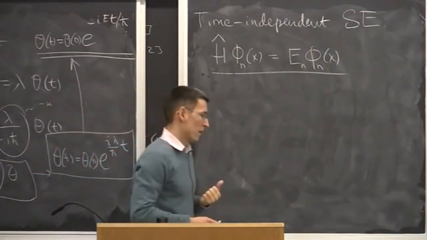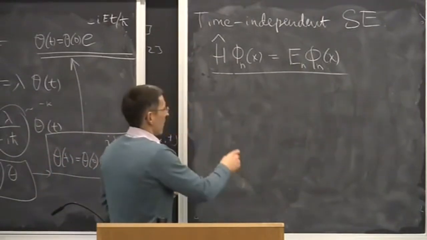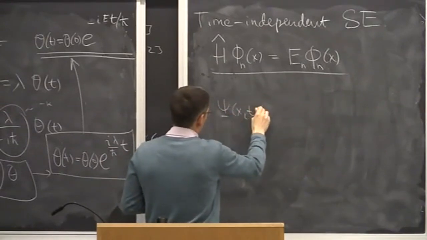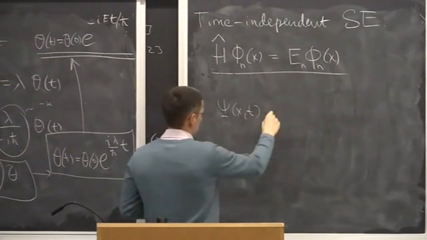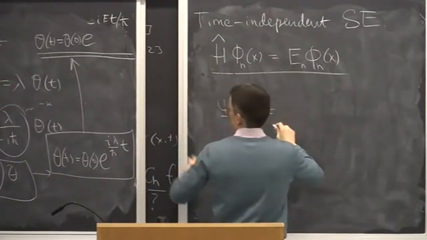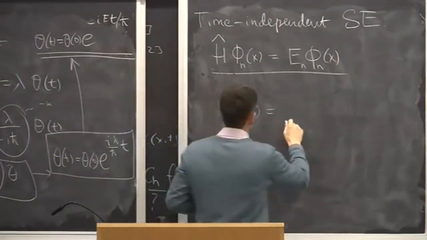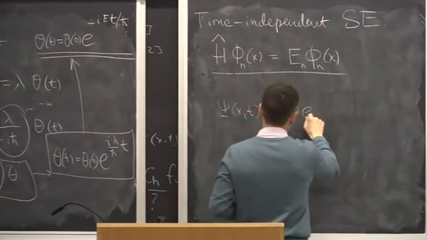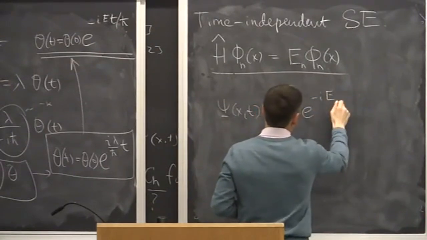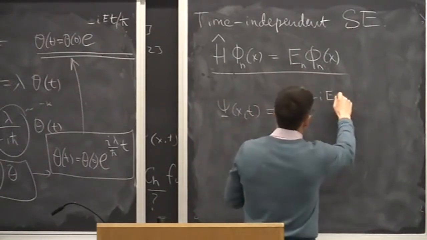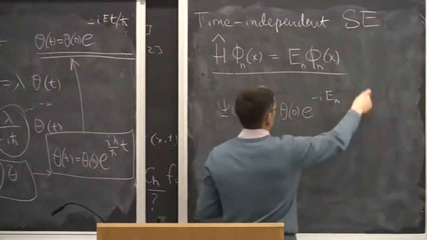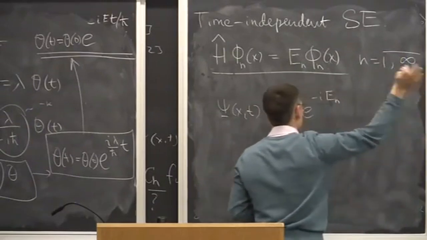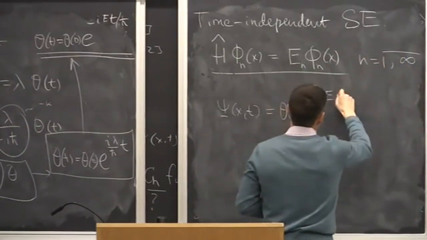What do I mean by it doesn't matter? It means that if I take psi of x and t, which is equal to the time-dependent part from here, so it's theta of 0, the exponent of minus i E_n t over h bar, corresponding to some n, and n can be anything from 1 to infinity, 1, 2, 3, and up to infinity, right?